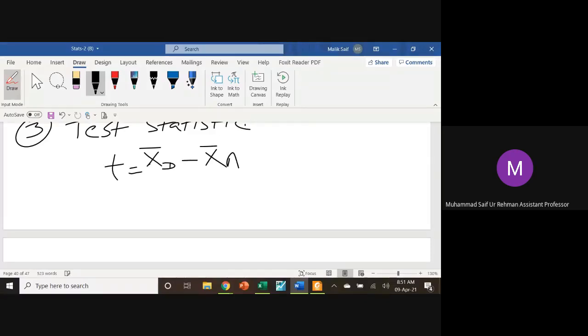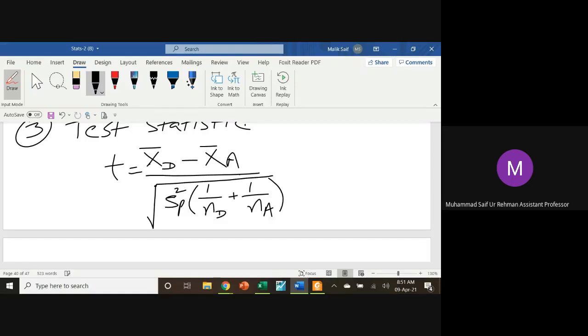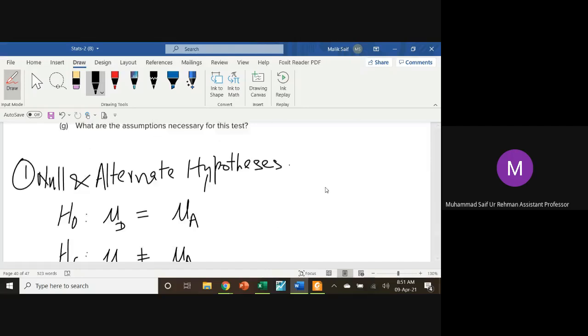So that is xa, fine, divided by the square root of sp square. This will remain same. 1 over n1. So you may write down 1 over n sub d plus 1 over n sub a. So as there is n d and n a, this is the formula, square root. So you may confirm this formula from here.